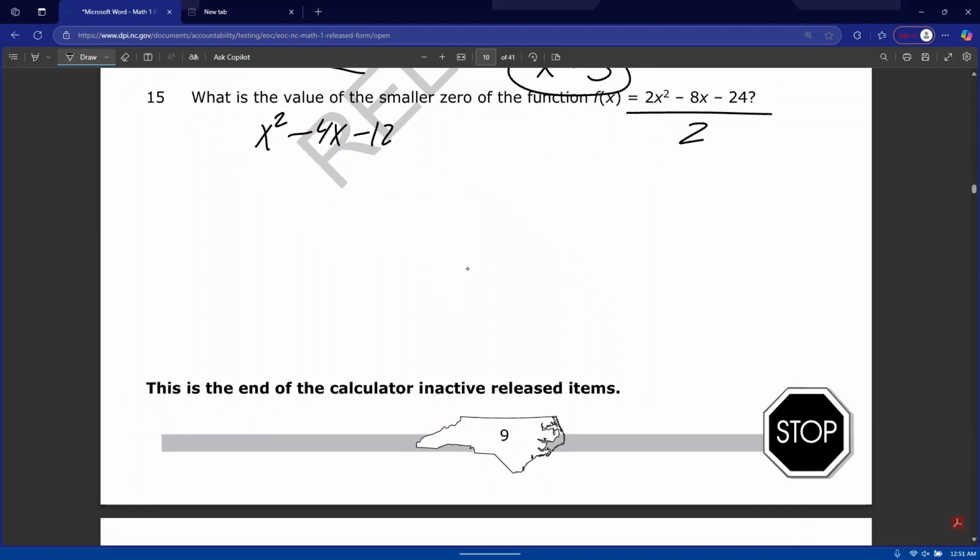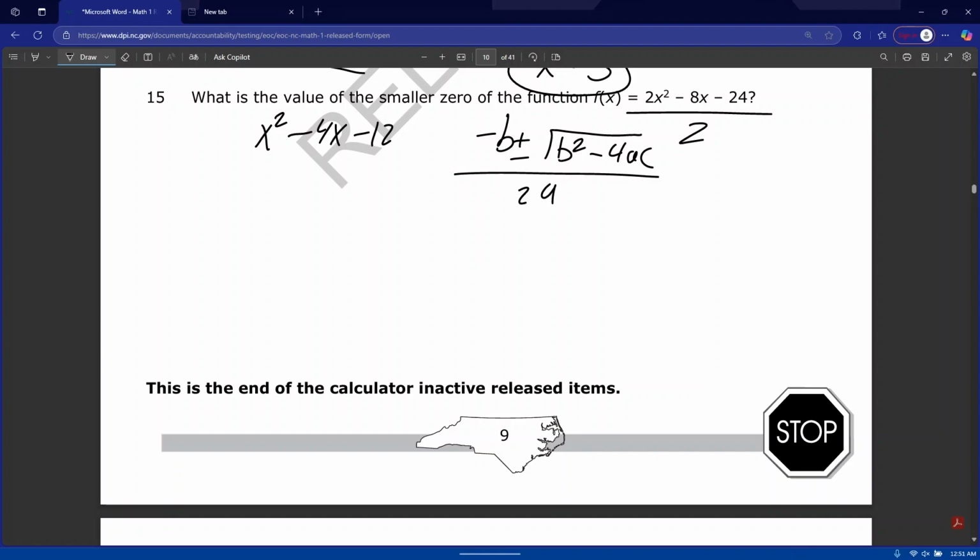So the quadratic formula is negative b plus minus the square root of b squared minus 4ac, divided by 2a.